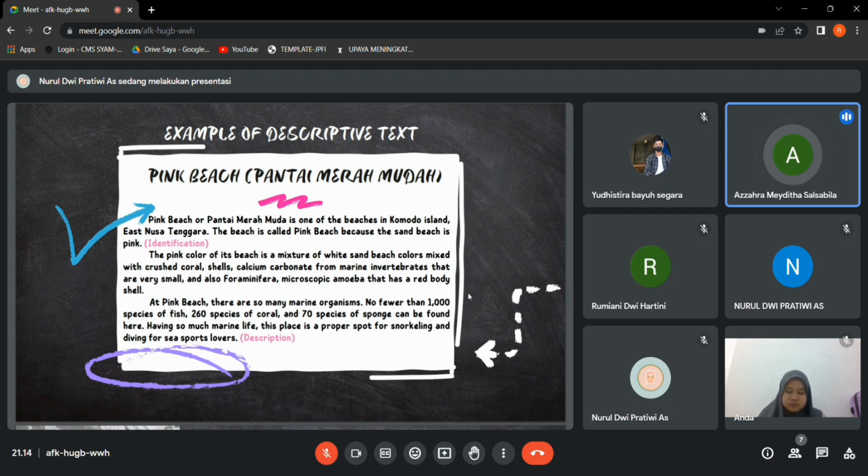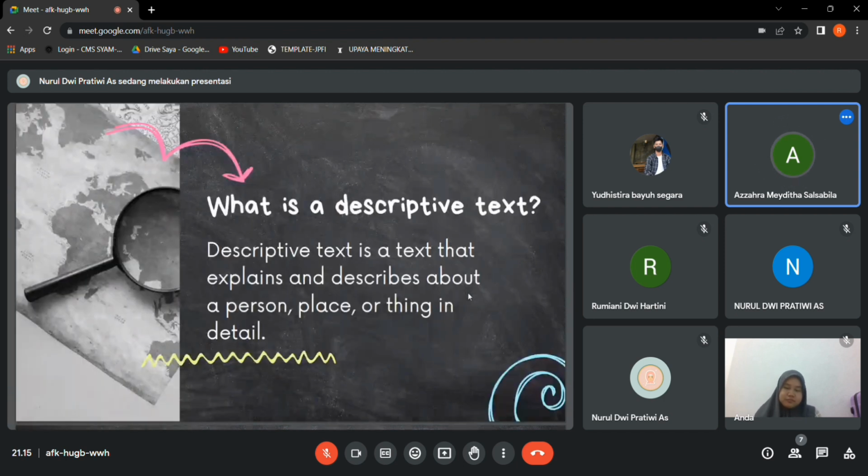So what I said, identification and description, is the generic structure of descriptive text. Now let's see what is actually the definition of descriptive text. So descriptive text is a text that explains and describes a person, place, or thing in detail. Atau teks deskripsi adalah teks yang menjelaskan atau mendeskripsikan tentang seorang, tempat, ataupun hal-hal dengan detail atau lebih spesifik.